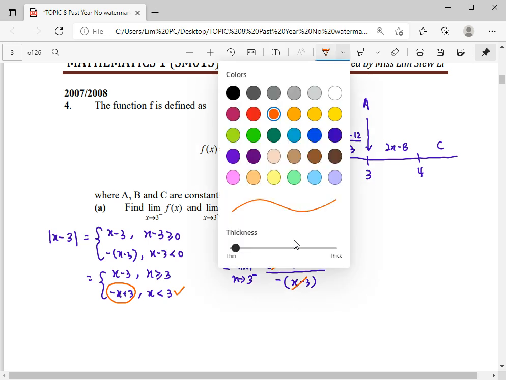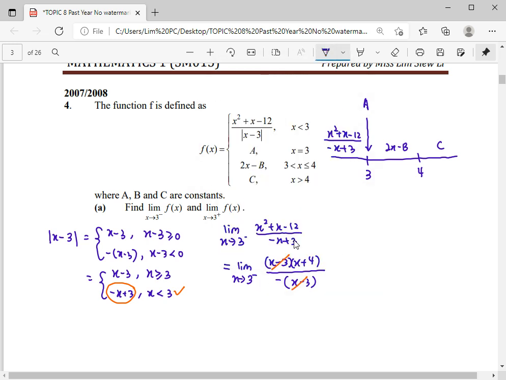So we already resolved our situation of indeterminate form. So now we attempt to solve our limit again by substituting the value of 3 inside. So it will be 3 plus 4 over negative 1. So it gives us negative 7. So that will be our limit from the left hand side.